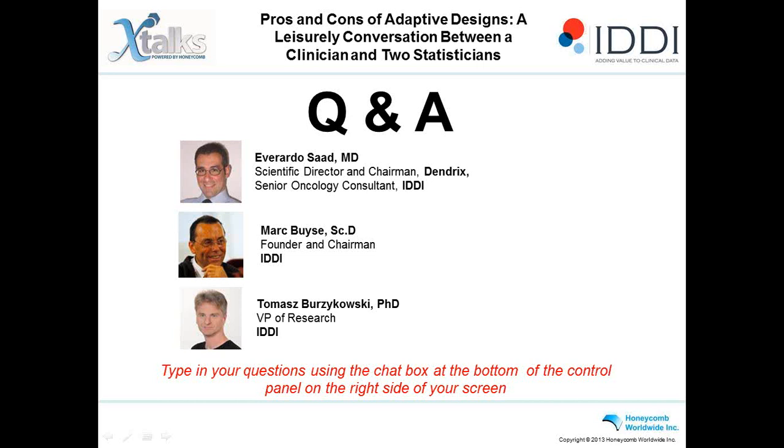So I think it would lead to a lot of controversies and difficulties in interpretation. And so even though the statistical aspects of this have been studied, I think it would be ill-advised to change the primary endpoint midway into a trial unless there was a really, really good reason to do so.